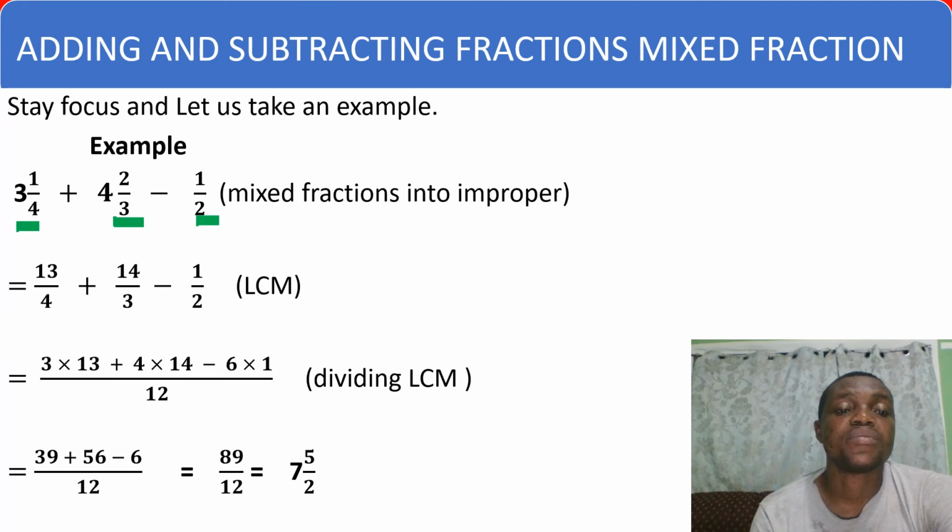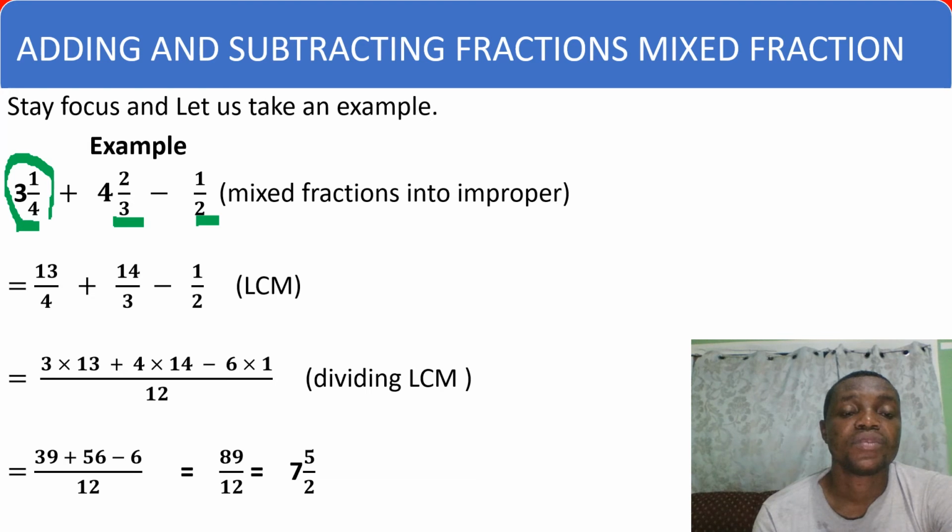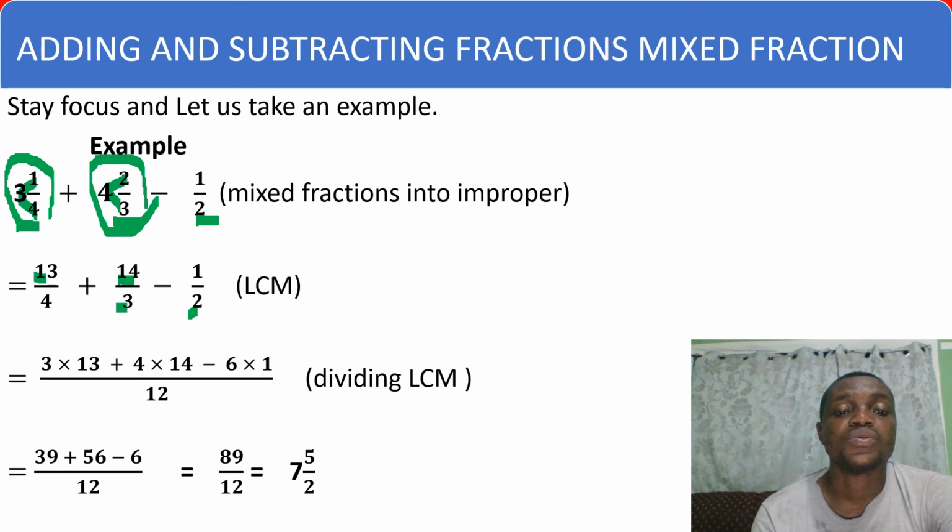So we change all the mixed fractions, which are 3 whole number 1 over 4 and 4 whole number 2 over 3. Changing it: 4 times 3 plus 1 is 13 over 4. And here we have 3 times 4 plus 2, which is 14 over 3, minus 1 over 2. So find the LCM of 4, 3, and 2.